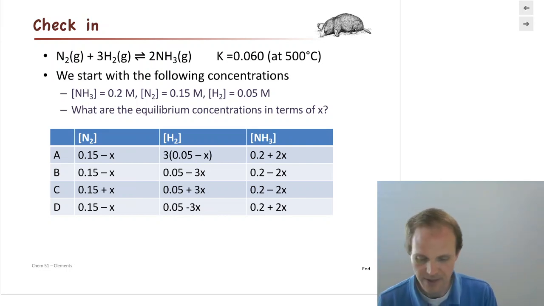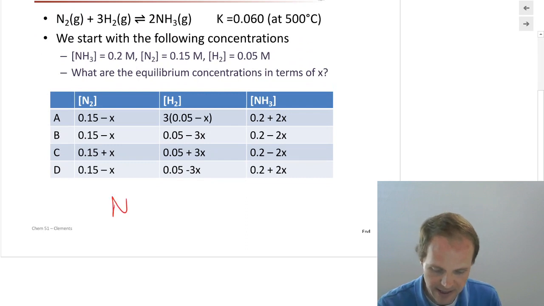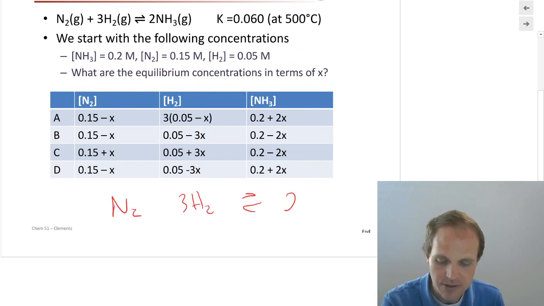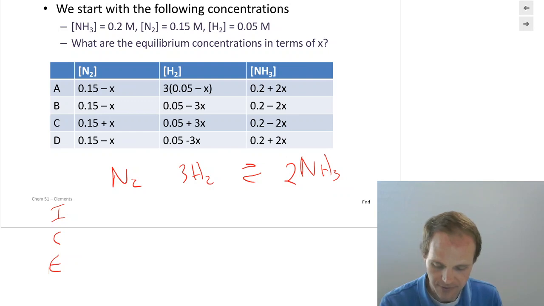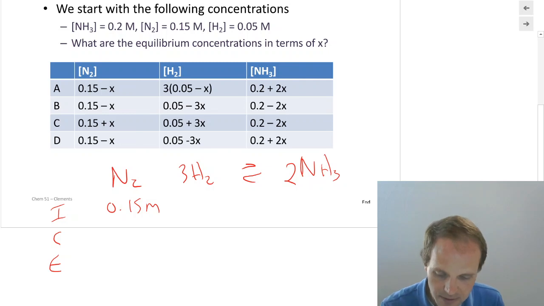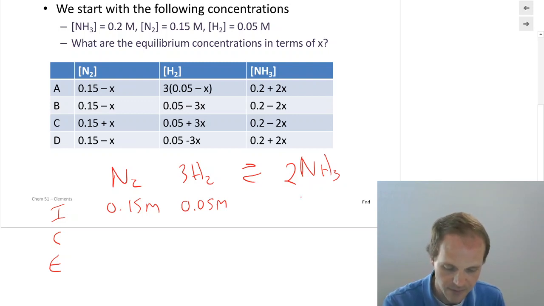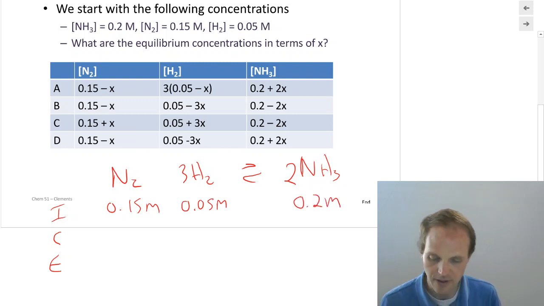Well, what do we have? We have our ICE table. N2 + 3H2 goes to 2NH3. ICE. What do we have? Well, we have 0.15 molar for our N2, 0.05 molar for our H2, and 0.2 molar for our NH3.